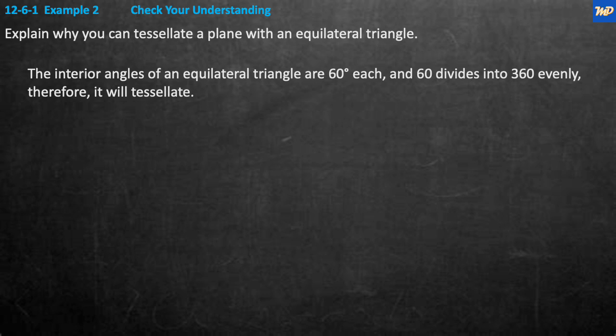And 60 divides into 360 evenly. So therefore, it will tessellate. I guess you could have used that formula too. We could have said 180 times 3 minus 2 divided by 3, and we would have come up with 60, and then we'd have divided 60 into 360.